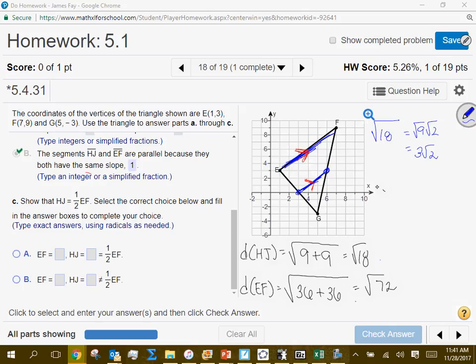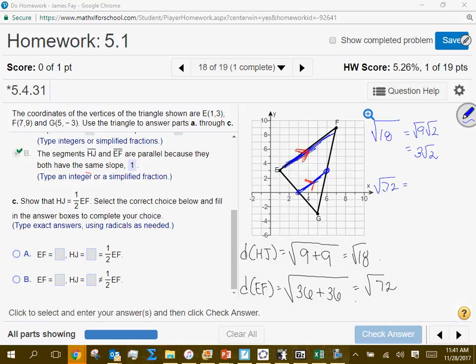When I see radical 72, one of my techniques that I use, and I've shown you this before, is if I want to simplify a radical, I only need to check perfect squares that are less than half of the number that's underneath the radical. So that's 72. What is half of 72? 36, right?